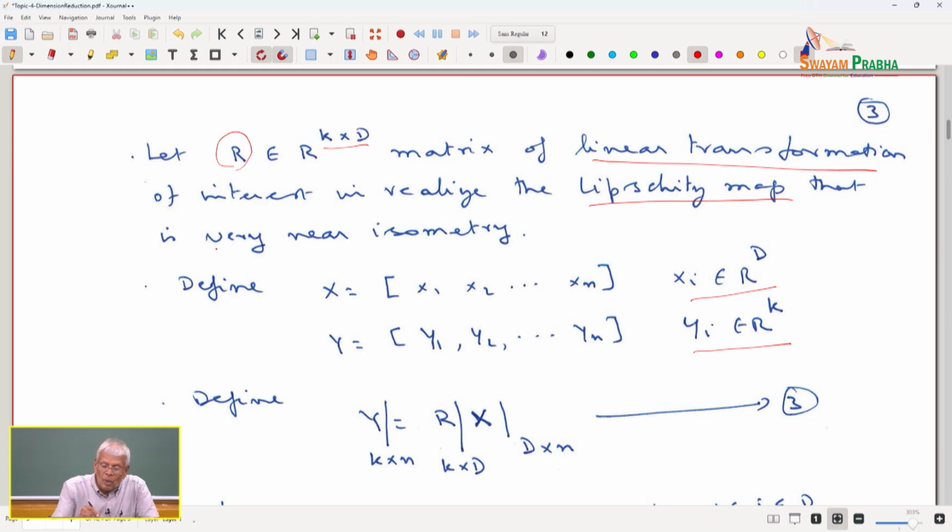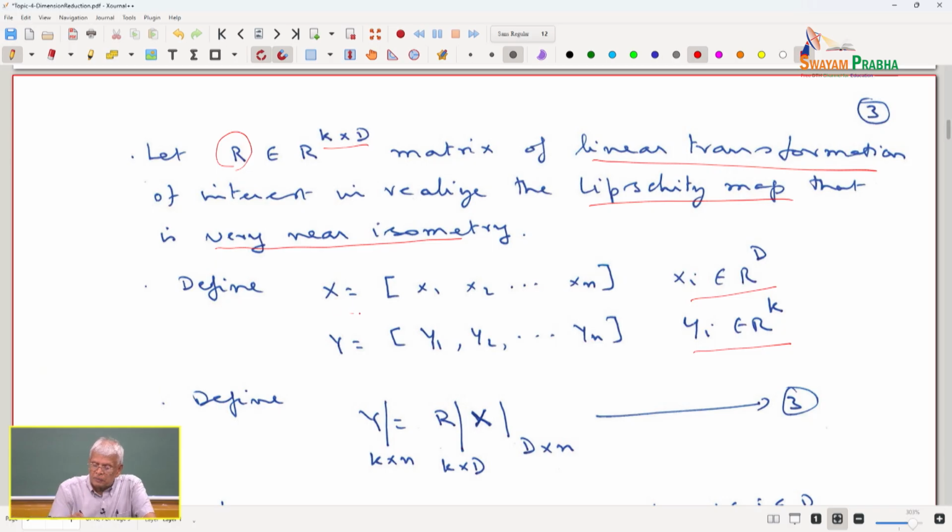And we also require this to be a near isometry. Near isometry means what? I would like my B to be 1 plus a small number. I would like my A to be 1 minus a small number. That means A and B are not too much different from 1. B is slightly above 1 and A is slightly less than 1.